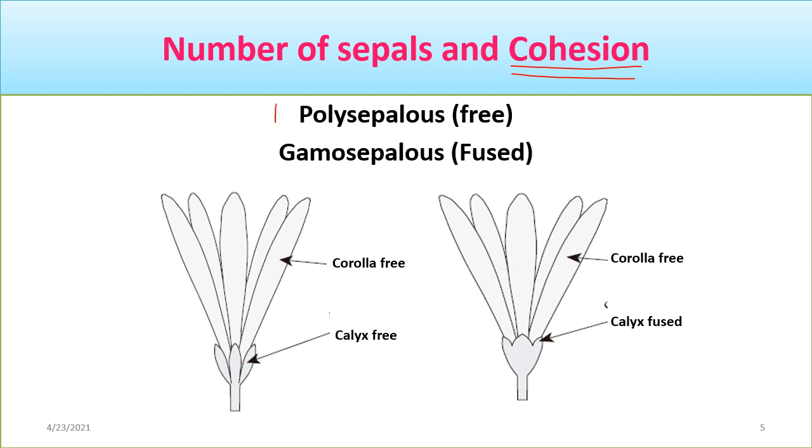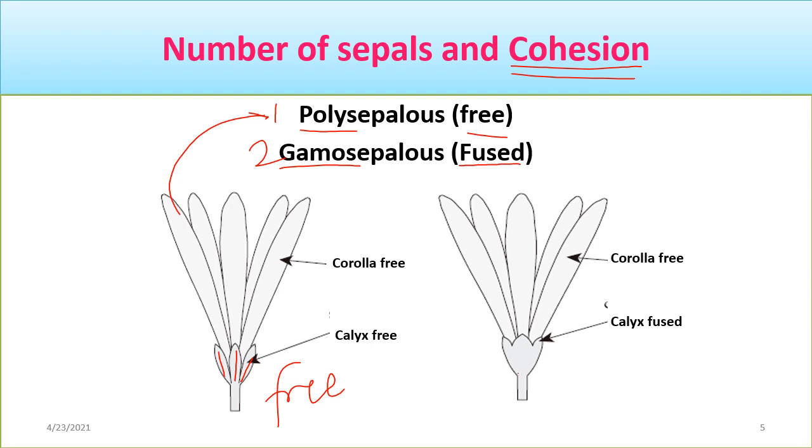One is polysepalous and the other is gamosepalous. Poly means free and gamo means fused. If you look here, this is one sepal, this is another sepal, and this is another sepal. So these are free and represent the polysepalous condition.